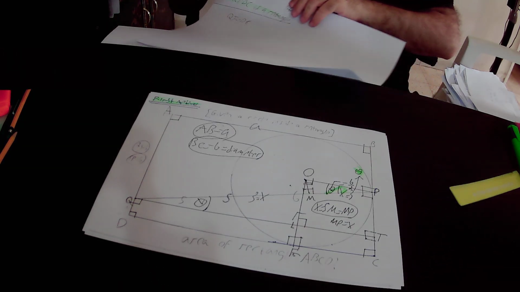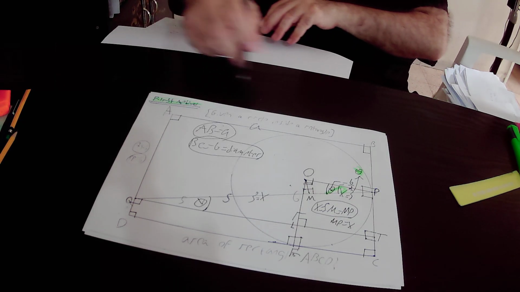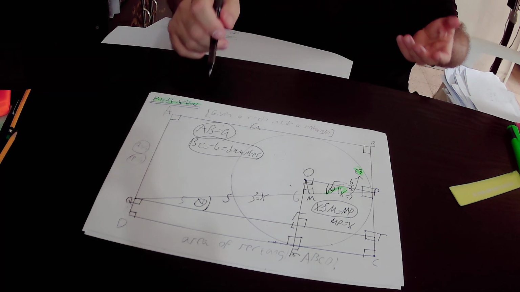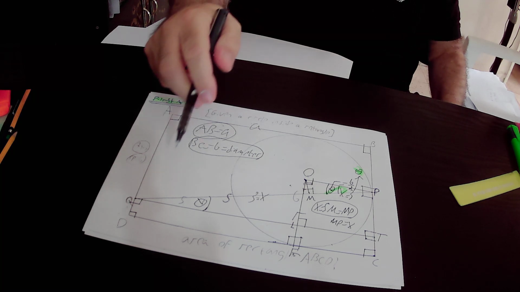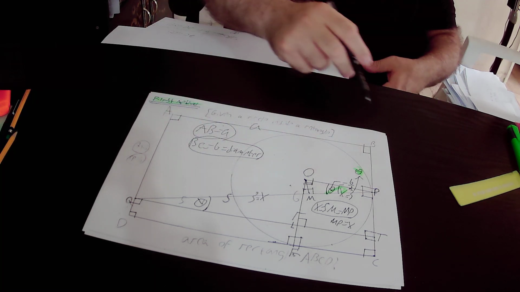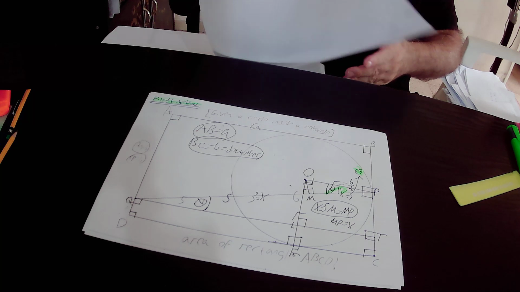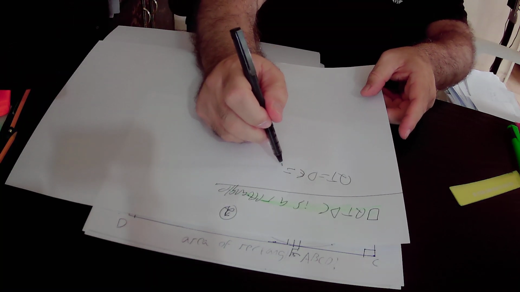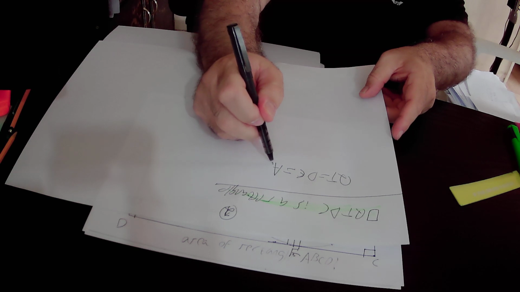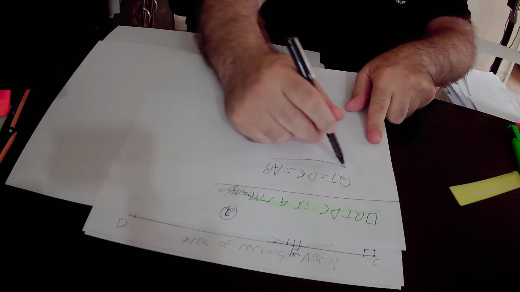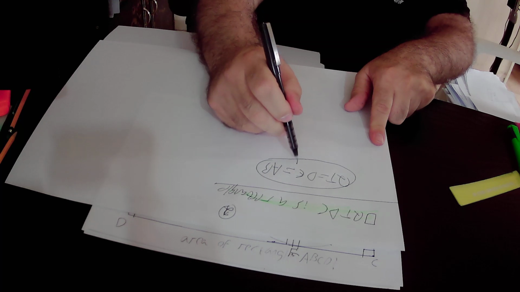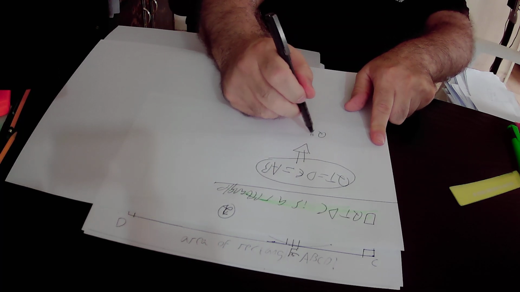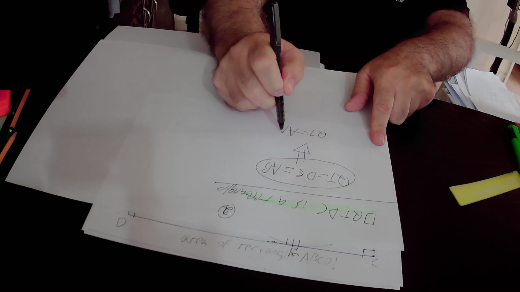But we know that ABCD is a rectangle and the opposite sides of rectangle ABCD are equal to each other. That is to say, DC equals AB. So from this equation, QT equals DC equals AB, we derive that QT also equals AB.